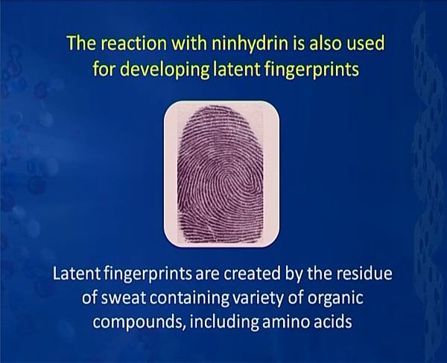That is what is exploited in this method. Wherever you suspect a fingerprint to be there, we spray it with ninhydrin and develop an impression of the fingerprint. So, that is one application of this reaction, whereby ninhydrin reacts with amino acids to give you characteristic colors there. Let us move further on.